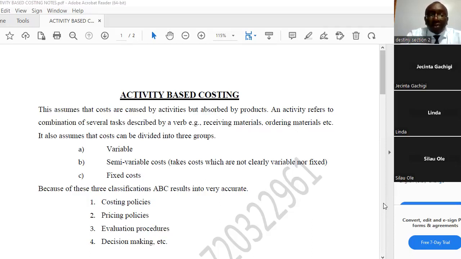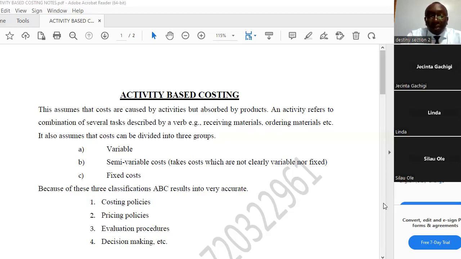Now, activity-based costing assumes that cost can be divided into three. One is called variable, number two is called semi-variable, and this takes care of the cost which cannot be clearly identified as fixed or variable. Then we have the fixed costs. Now, you should remember that marginal and absorption costing take it that costs are only fixed and variable.